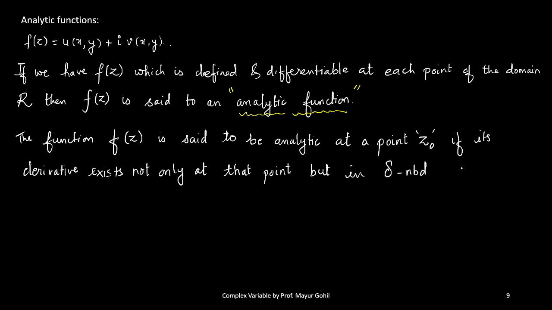That would be like this: mod of z minus z naught less than delta.